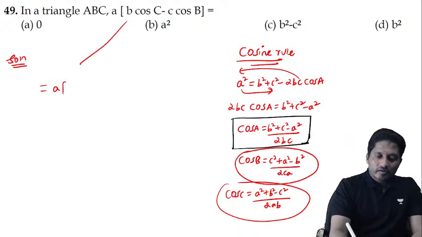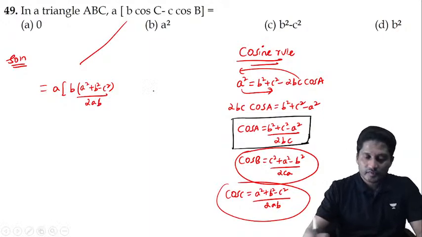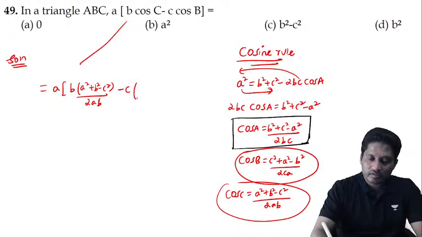This is equal to A into a bracket, B into cos C, which is A square plus B square minus C square divided by 2AB, minus C into cos B, where cos B is equal to C square plus A square minus B square divided by 2CA.